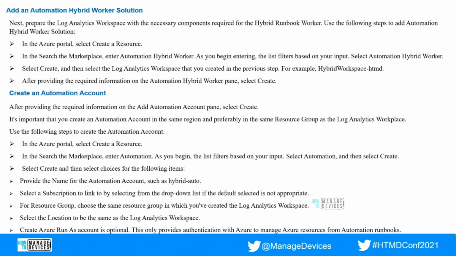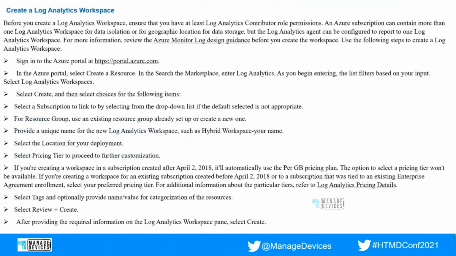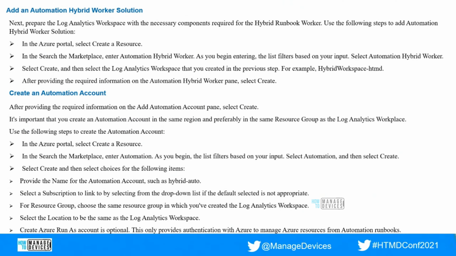Now you added the worker solution and created the account. You can go to the resource, go to automation, and from there select automation. Let me see if I have that saved somewhere. Yeah, I think after this we will be seeing that. As I was saying, when you go to automation, you can select create.